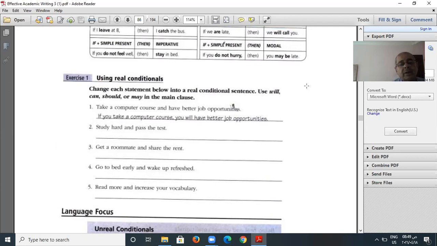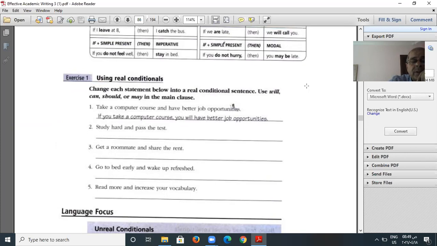If you take a computer course, comma. Of course if we start the sentence with the if clause, we should use a comma, like the other adverbial clauses like because and since and when and after and so on. So we say if you take a computer course, comma, you will have better job opportunities.